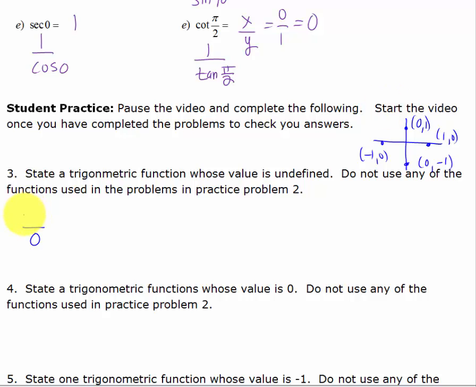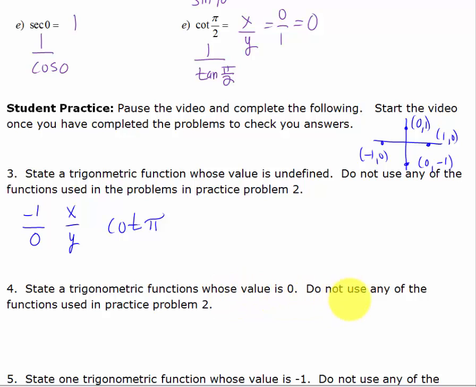If I did -1 over 0, well, (-1, 0) is a point right here, so -1 would be the x, and 0 would be the y. Since I'm at pi here, x over y is the cotangent, so cotangent of pi would be undefined.